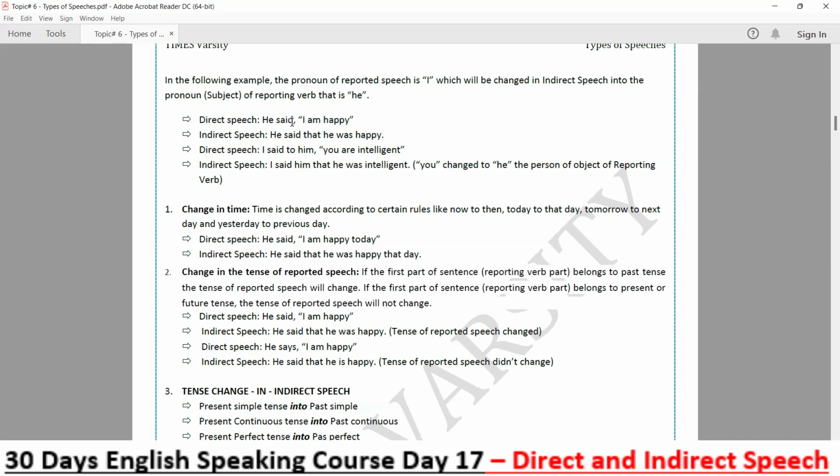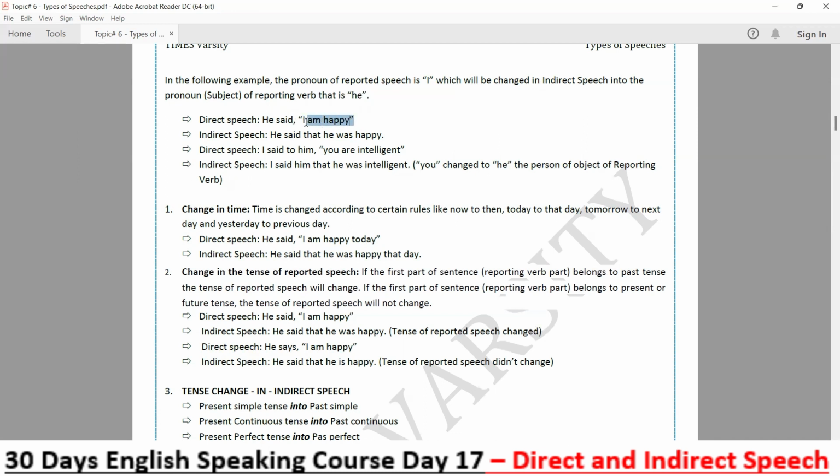And there is a change of pronoun. It is I here and it is he here, because he said, meaning let's say it's Sabi. Sabi said, "I am happy." Actually, Sabi said he was happy. So these are the actual words Sabi used while discussing.